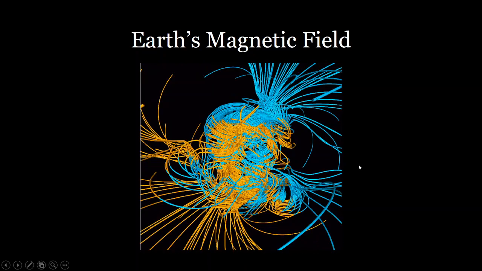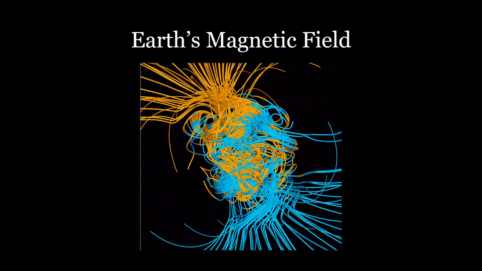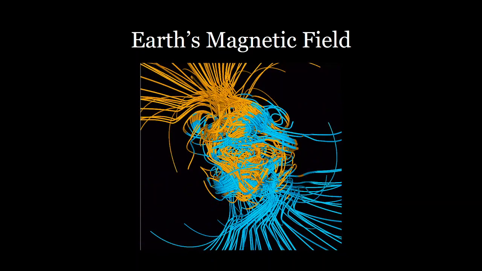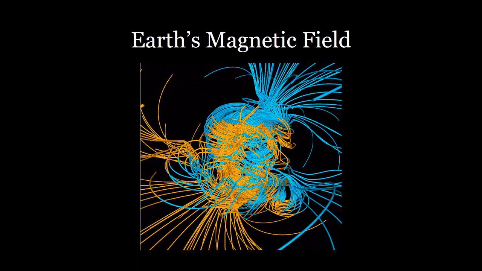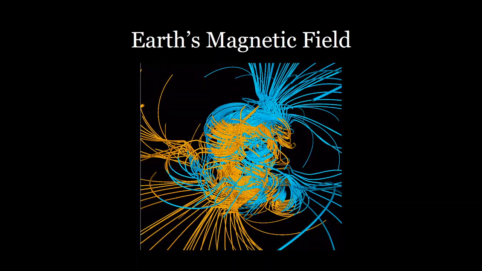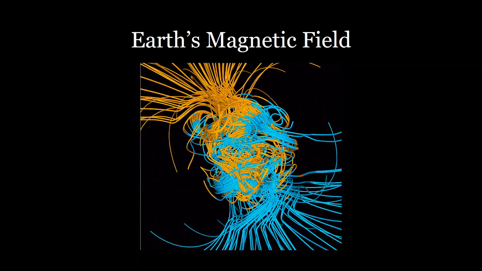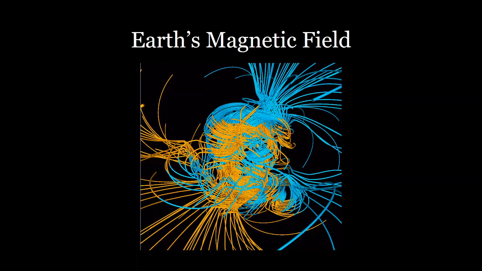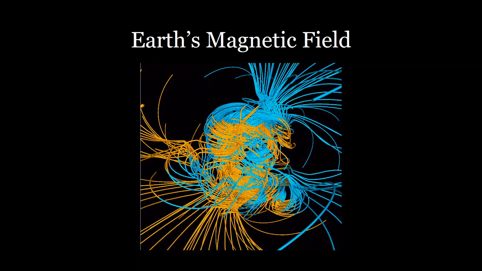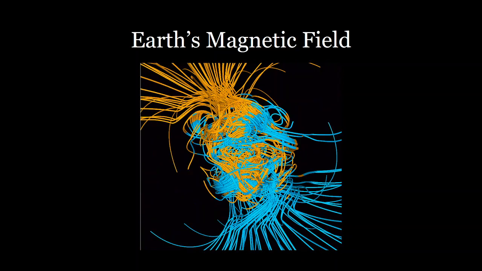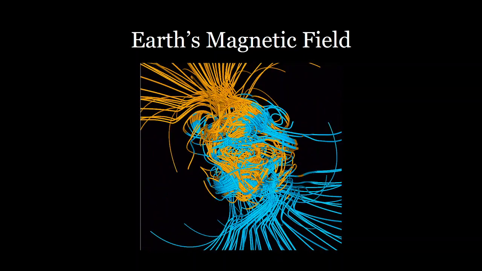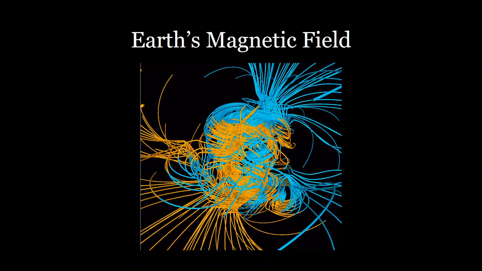And that's because the magnetic field is not constant. These are some of the magnetic field lines in a model that was made to try to understand a process called magnetic field reversals. So from the geologic record, we know that every so often in Earth's long history, the magnetic field can go pretty much completely haywire as the fluids that are moving in the outer core change their direction.